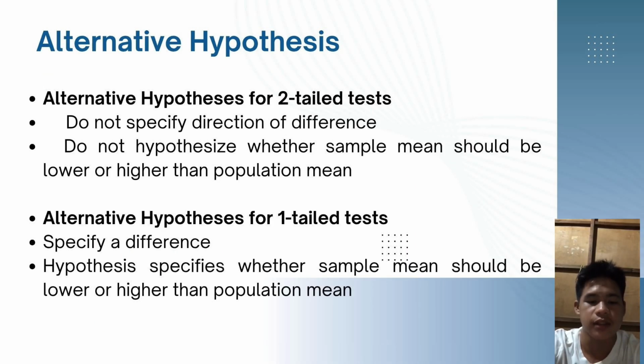Alternative hypothesis. Two-tailed tests for the alternative hypothesis do not specify a direction of difference, and do not hypothesize whether the sample mean should be lower or higher than the population mean. While a one-tailed test specifies a difference, and the hypothesis specifies whether the sample mean should be lower or higher than the population mean.